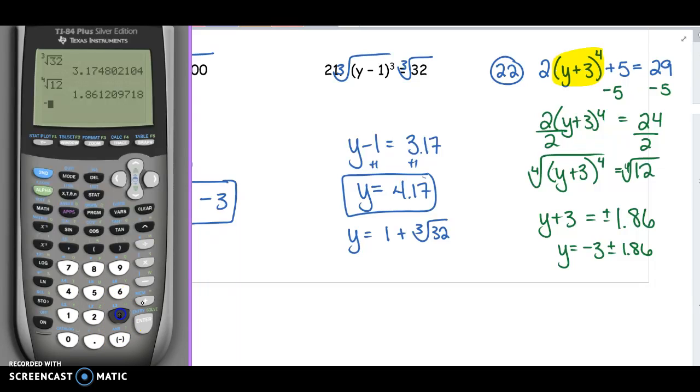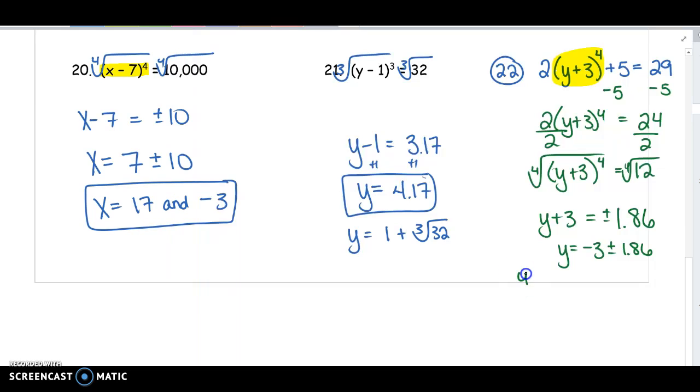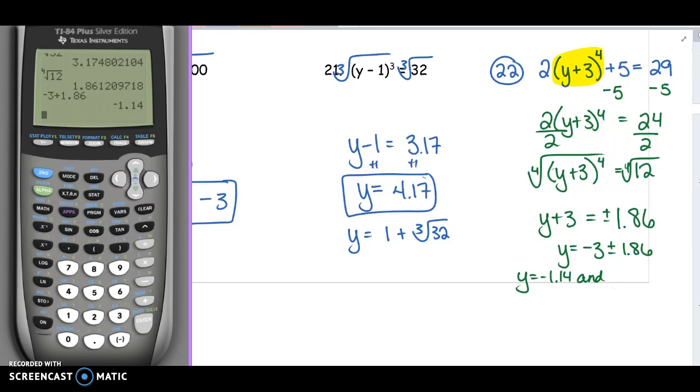So -3 plus 1.86. One of our answers is approximately -1.14. And then do -3 minus 1.86. Approximately -4.86.